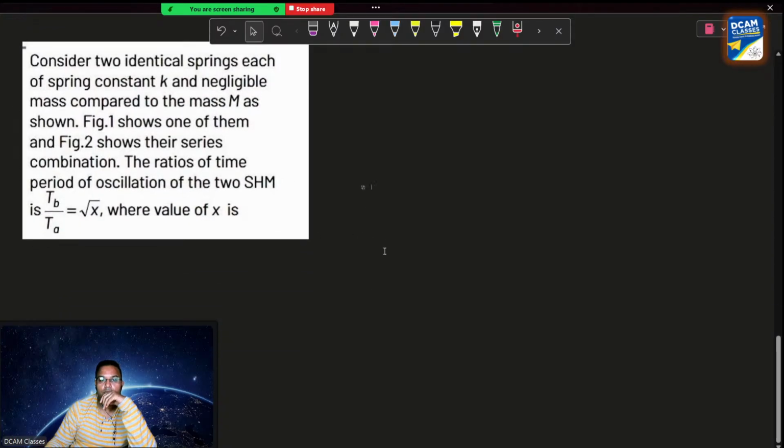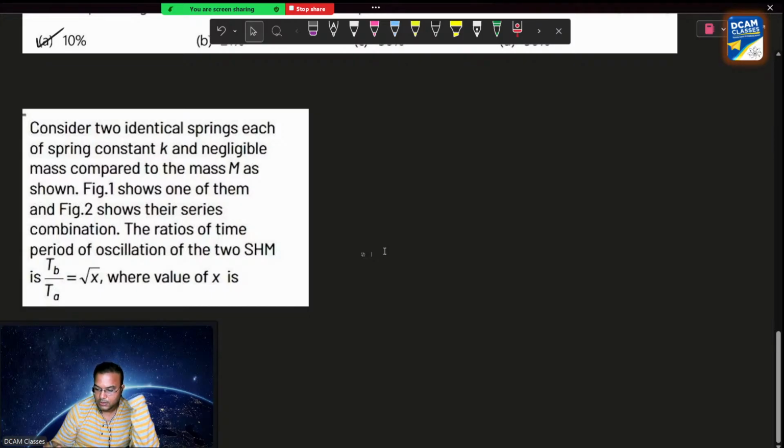Figure 1 shows one, then figure 2. There are two figures. Where are the figures?